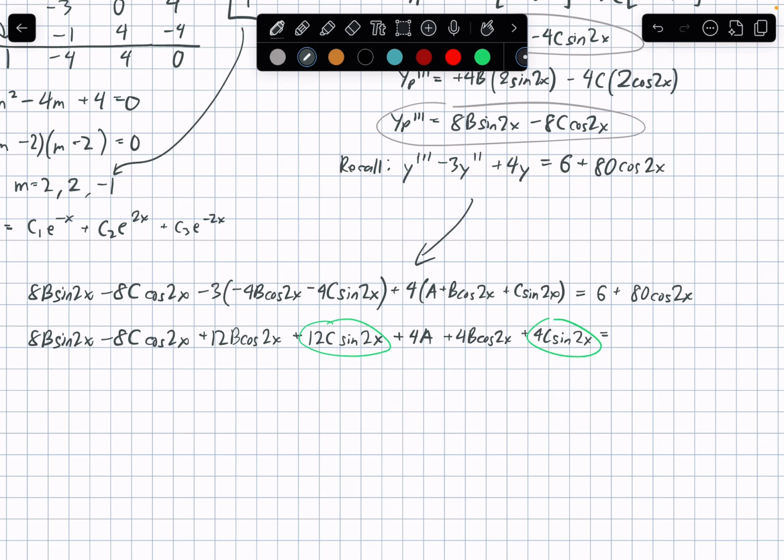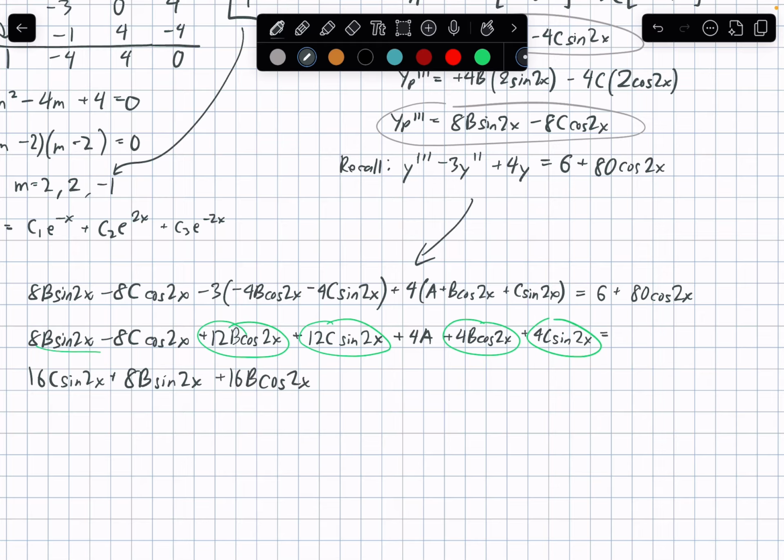For 12c, 4c, 16c sine 2x plus 8b sine 2x. Twelve b cosine 2x, 4b cosine 2x. They are like terms.